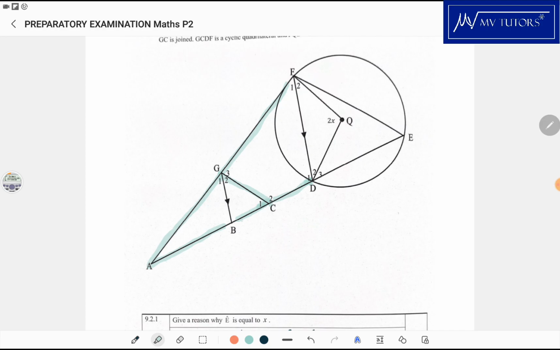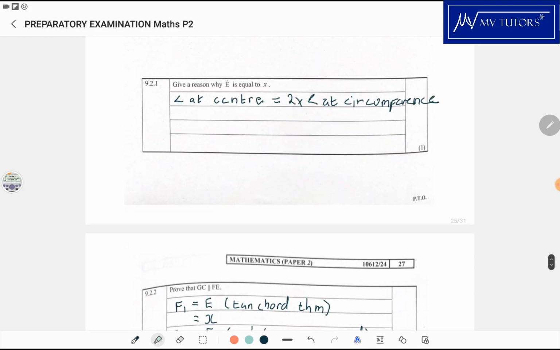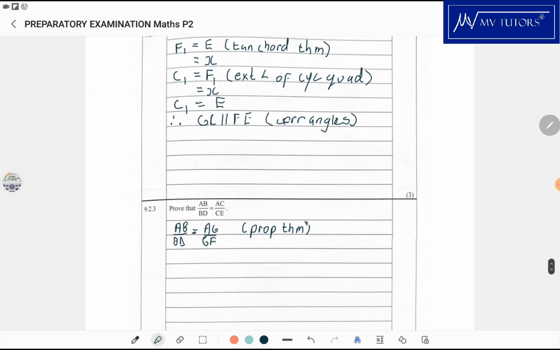We concluded that these were parallel, GC is parallel to FE. Now let's complete the triangle. So you can now see again, AG over GF is equal to AC over CE.